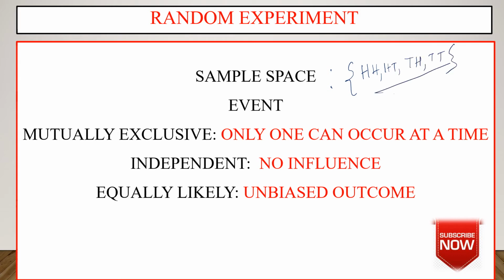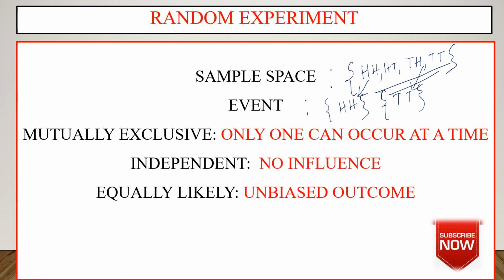So all the possible outcomes are included in this set, which is a sample space. Suppose we take a particular outcome of interest, suppose two heads or two tails. These are subsets of the sample space, which is known as an event. So event is a subset of the sample space. Sample space includes all the possible outcomes of a random experiment.